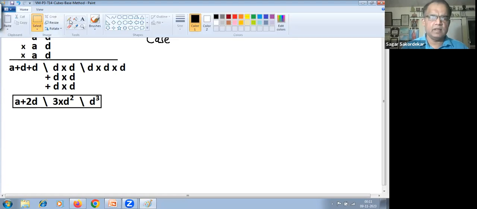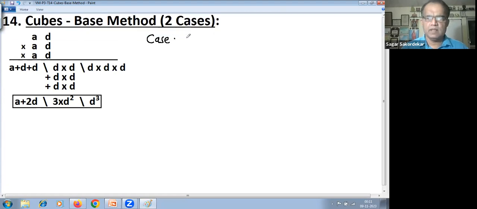The number is less than the base, near to the base, but less than the base. So what we just did above, now we take less than the base. Let's take the first example as 98 cube. Same steps, only the difference here will be negative.